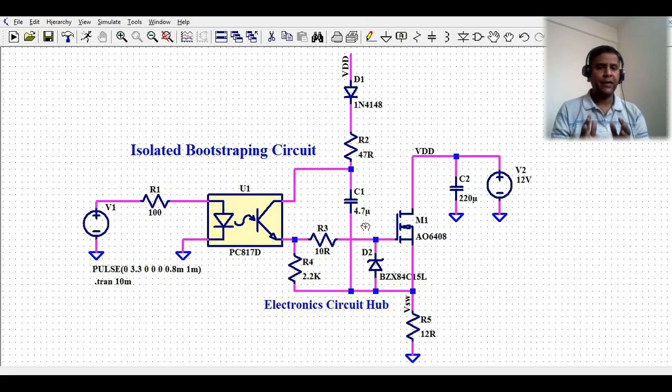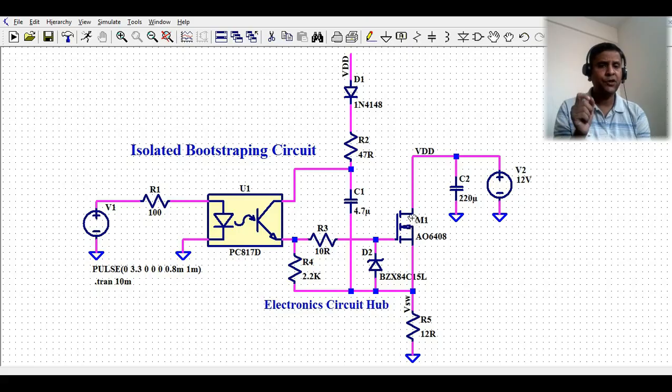Let us first understand what high side MOSFET gate driving is. There are two important terms: one is high side, the other is low side. How are you going to differentiate between them? Always remember this trick.